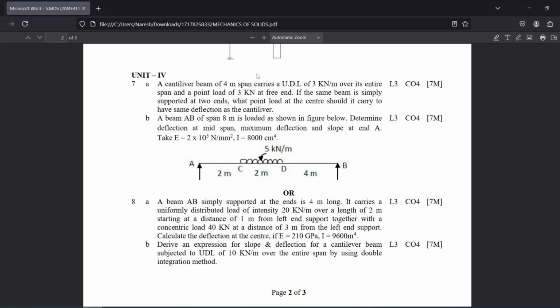So there is a cantilever beam 4 meters long, which has a UDL of 3 kilonewton per meter.